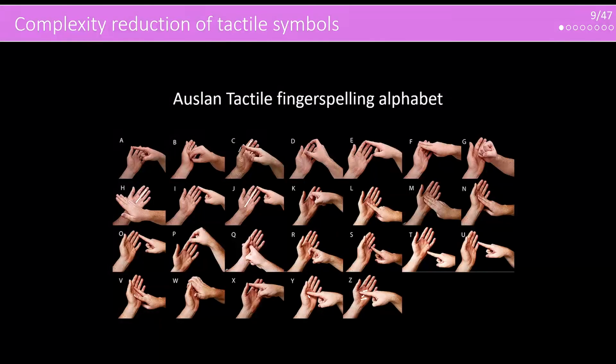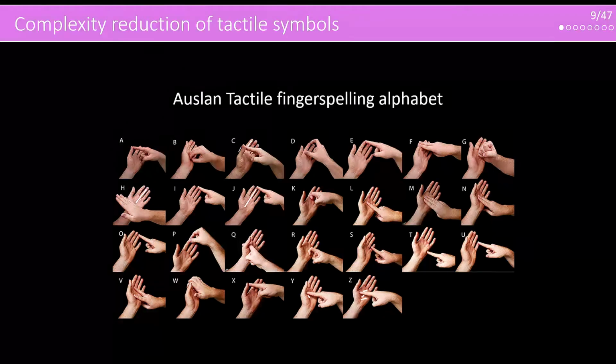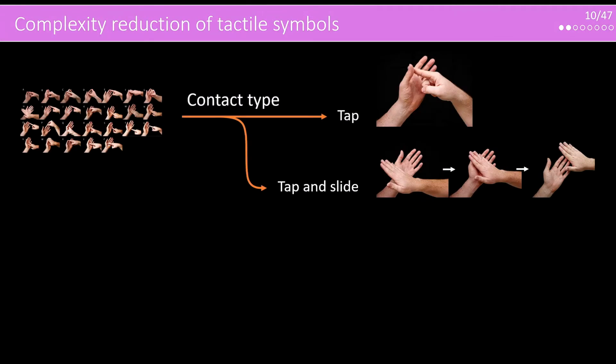So how can we extract, reduce, understand this alphabet to know how we can emulate it properly? Actually, you can reduce these 26 letters into two main variables, and the first variable is the contact type.